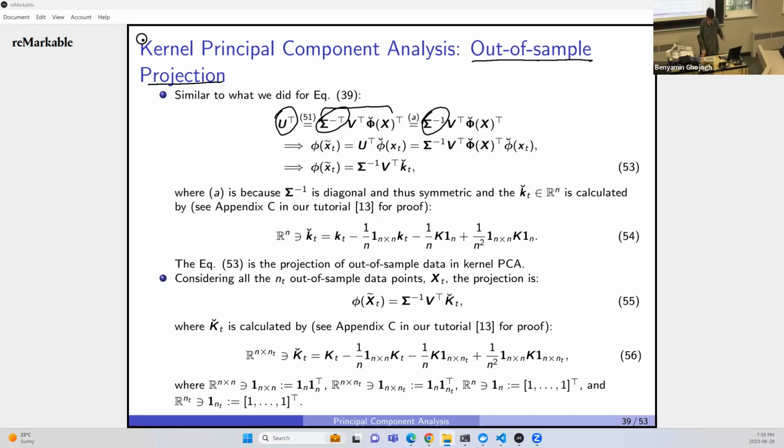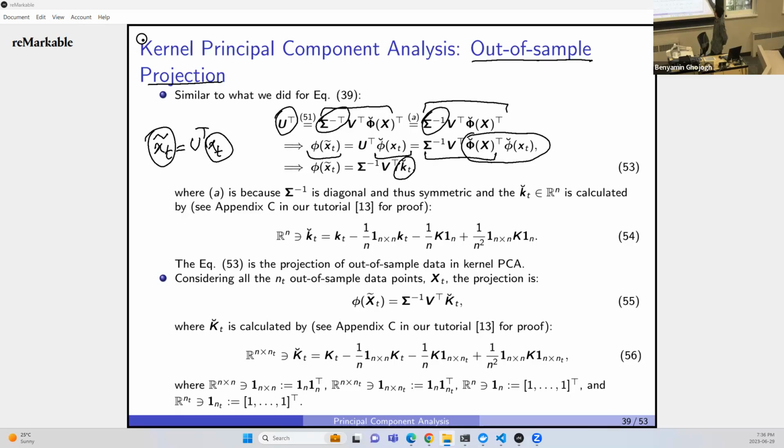Do you remember X tilde t in PCA? It was U transpose X t, right? So I replaced these with their phi's, pulled the data to the feature space. I also calculated U transpose and replaced it here. Interestingly, I have an inner product of phi's here. It appeared, so kernel trick. This can be replaced by the kernel.